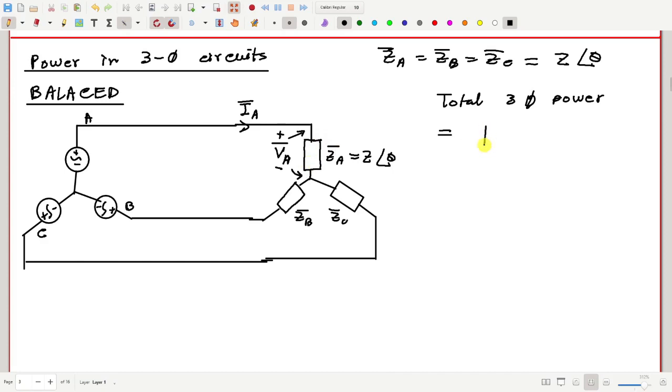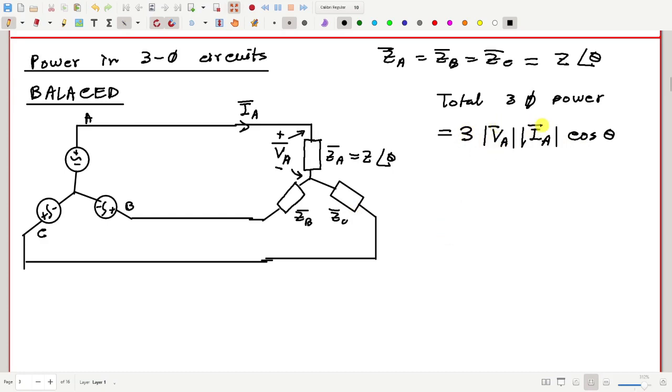Magnitude of VA, magnitude of IA, and cosine of theta. Okay, now any question? So this is the power consumed by ZA. How much will be the power consumed by ZB and ZC? Since it is completely symmetric, you can easily guess that ZB and ZC are also consuming the same amount of power. So I just multiply this by 3.